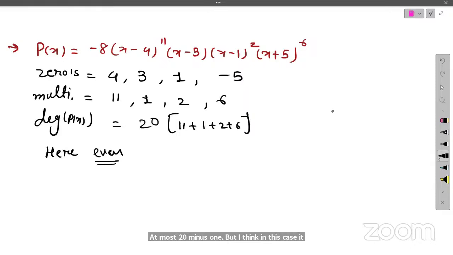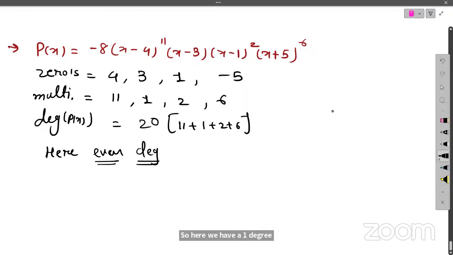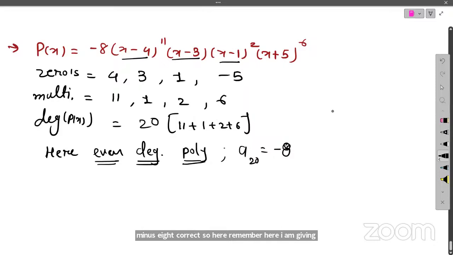So here we have an even degree polynomial. Turning points we don't need if you want to graph a polynomial. Okay, so it is an even degree polynomial, right? And what is the leading coefficient, an? Here it is minus 8, correct? So remember, here I am giving you (x minus 4), (x minus 3), (x minus 1). If someone gives you (1 minus x), then you have to be cautious about the sign of an.